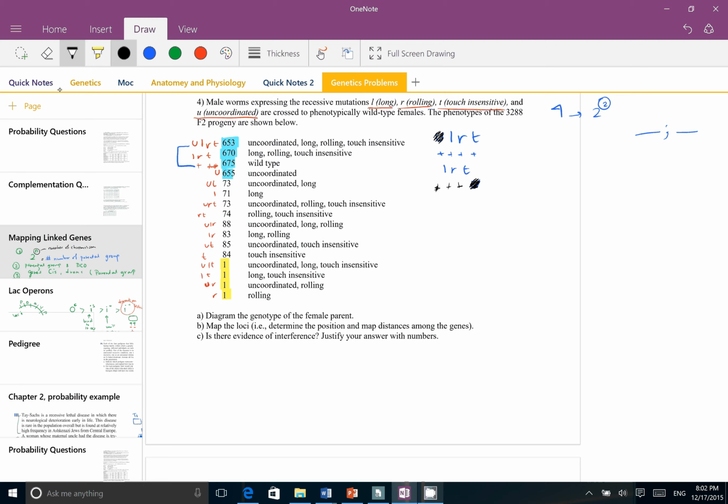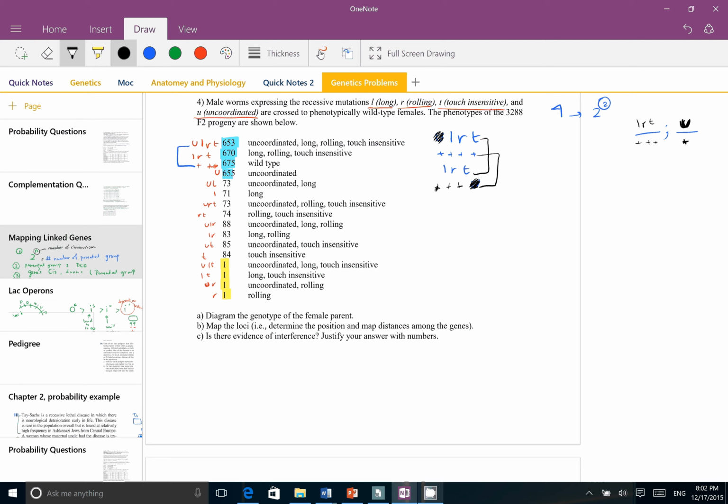I see that I have 1, 2 parental groups. So I figure out which trait goes on that chromosome. I figured out that U will be the one going on that chromosome. So I know that L, R, and T are on the same chromosome.